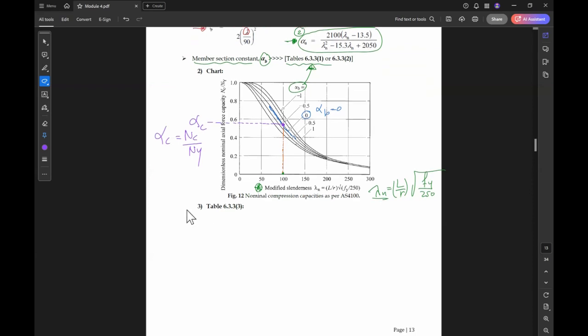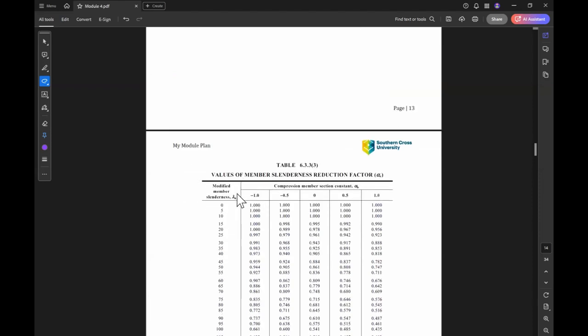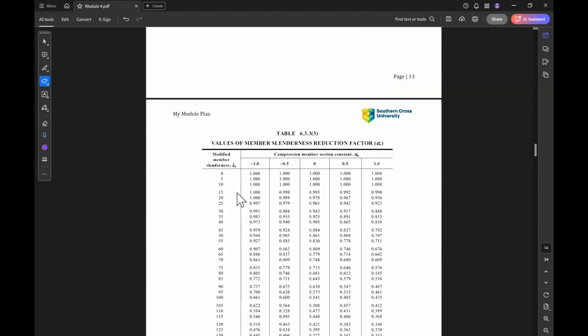The other option is Table 6.3.3. So directly here, using the value of lambda n and alpha b. To get into this table to find alpha c, you need lambda n and alpha b.